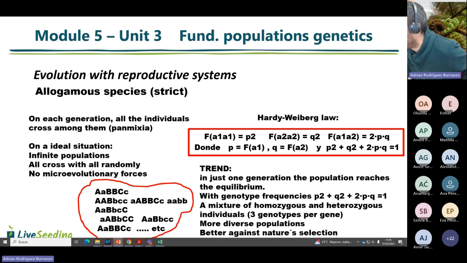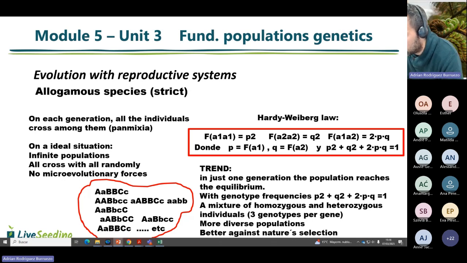In the case of allogamous species, you have up to 3 gene combinations, 3 genotypes per gene. If you widen this to the different genes that make up the genotypes of the individuals, you have a more diverse population than autogamous. Here I have represented, in a very simple way, just considering 3 genes.